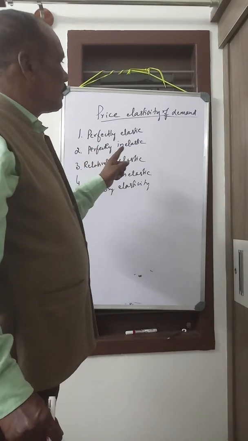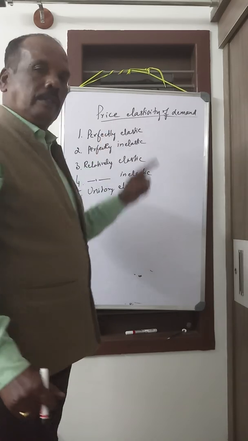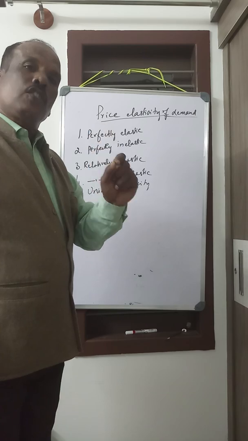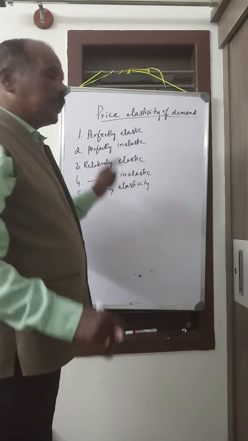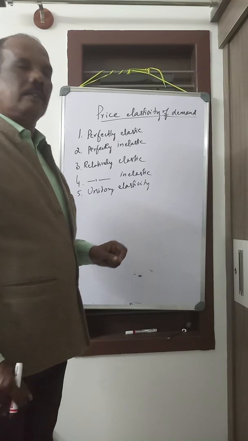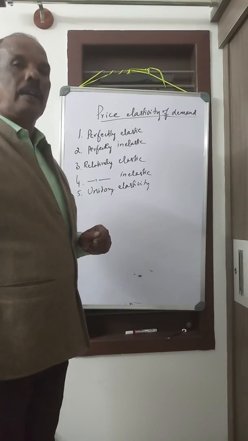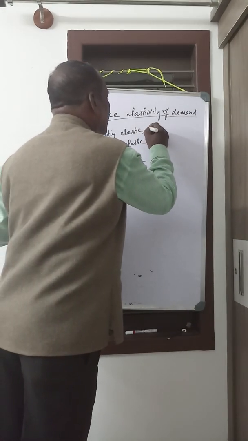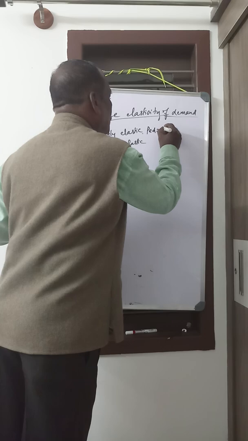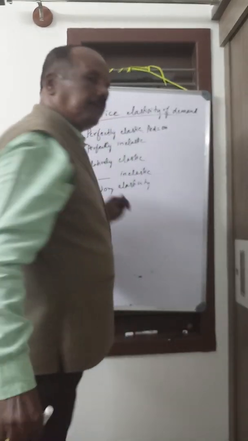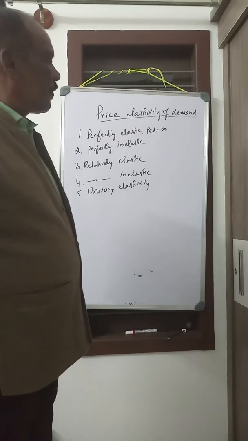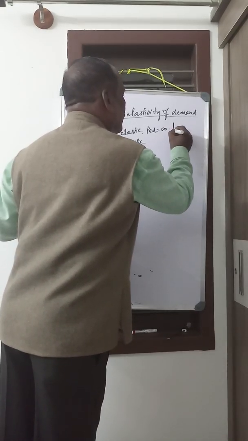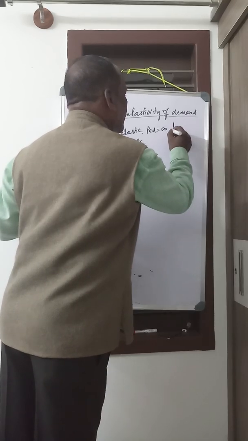Let's understand the meaning of each type of price elasticity of demand. A small change in price leads to infinite change in demand for a commodity. See, this is expressed here like this: PED is equal to infinite. In this case, see, this is the demand curve and this is price.